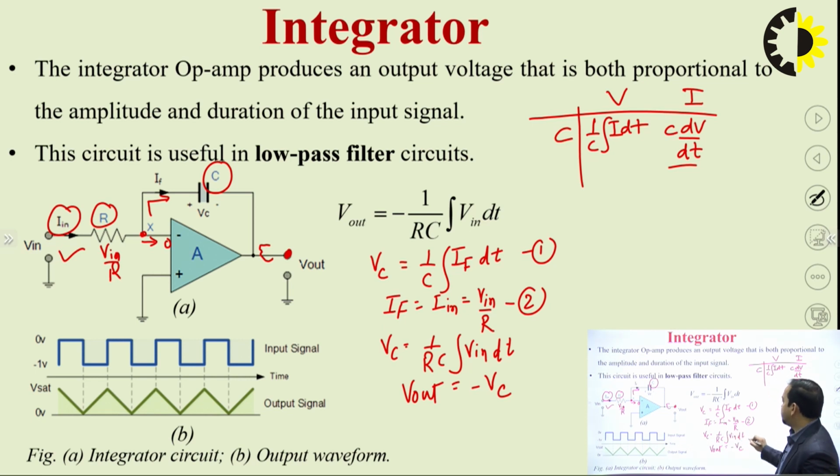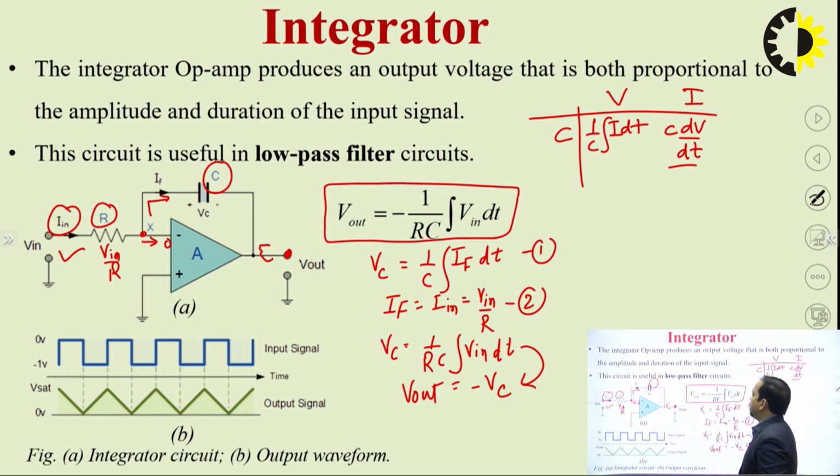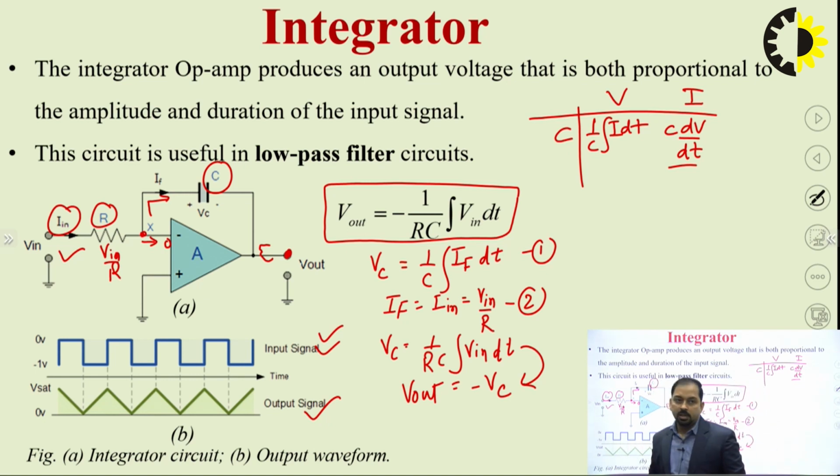Putting the value of Vc in this expression, we get V out equals minus 1 by RC integration of V in dt. So if we provide a square pulse at the input terminal of this op-amp, the output voltage will be in integrated form. The integration of a square signal is nothing but a ramp signal.